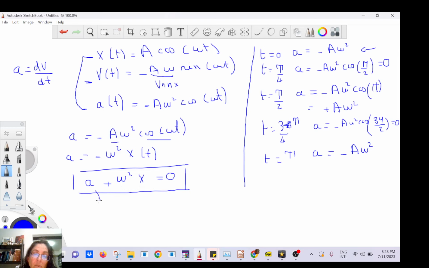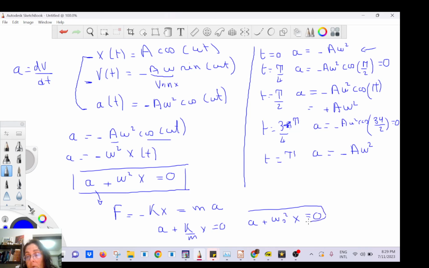We derived that by saying F equals minus kx for a spring, for example, equals ma. So you have a plus k over m x equals 0. So acceleration plus omega 0 squared x equals 0.